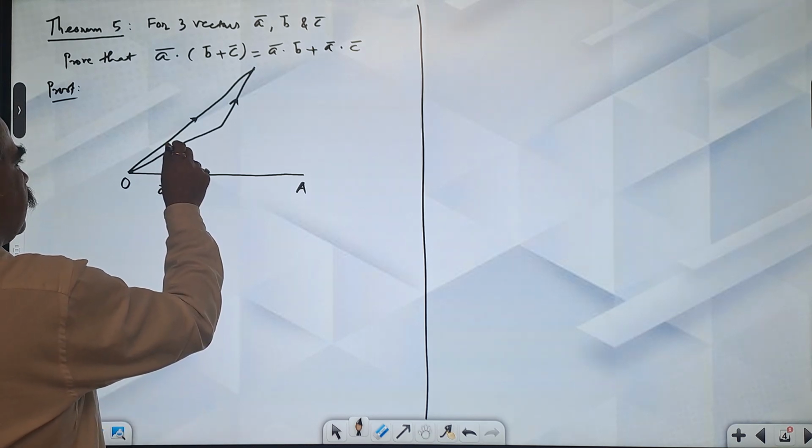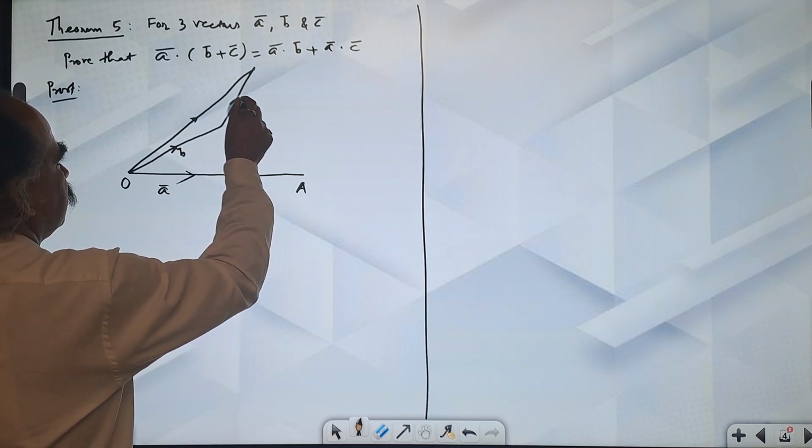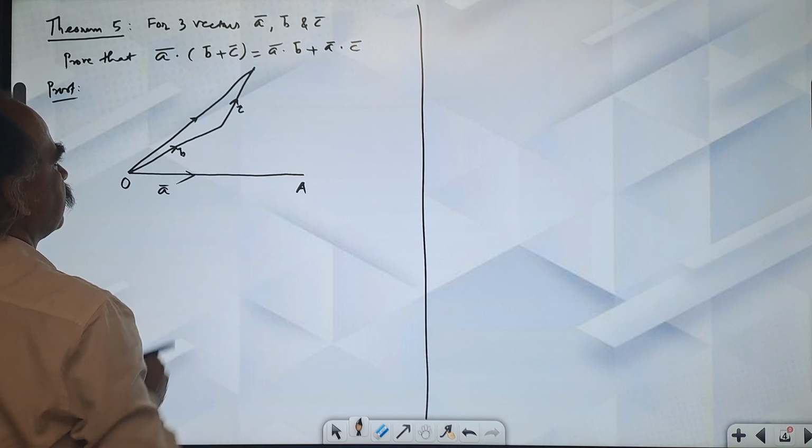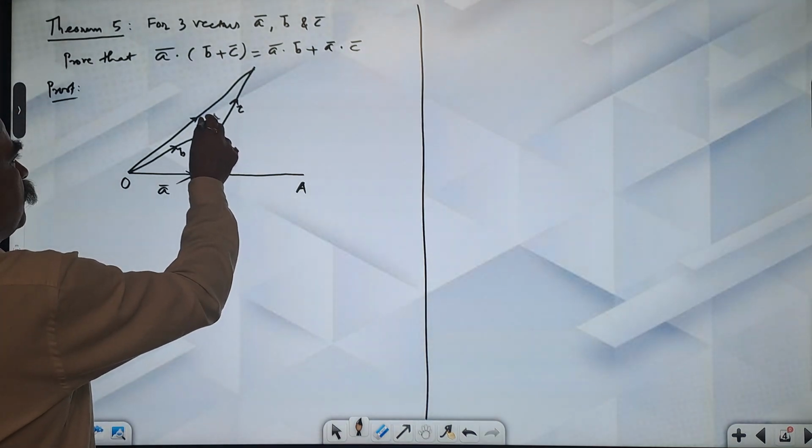This vector is OB bar, B bar, and this is OC bar, C bar. This point is what?